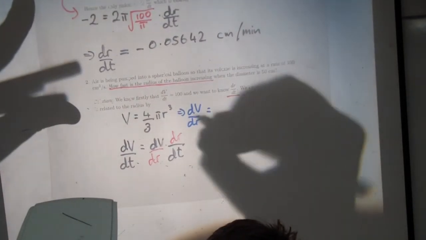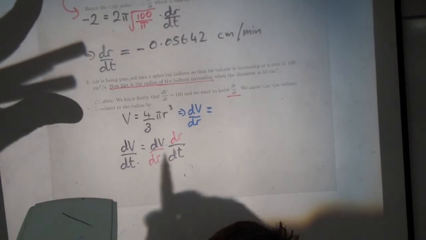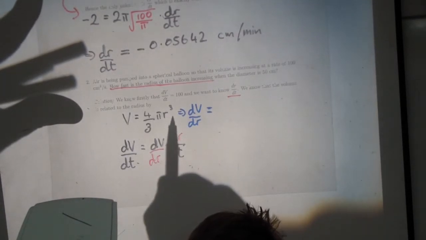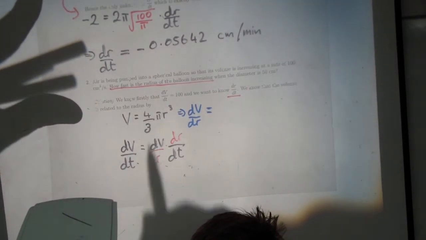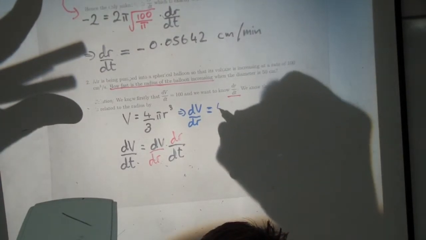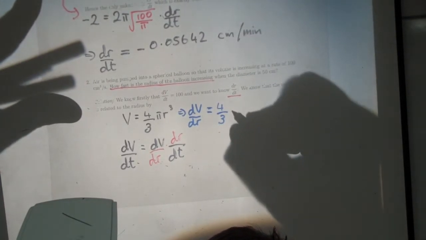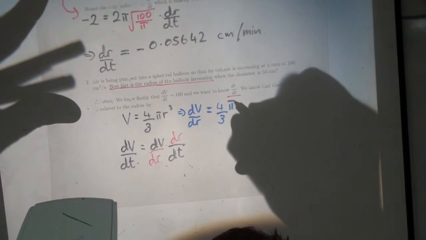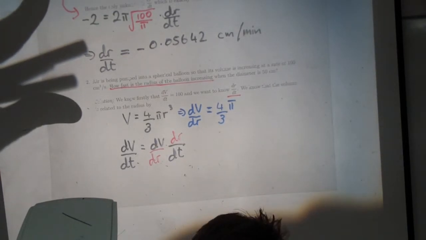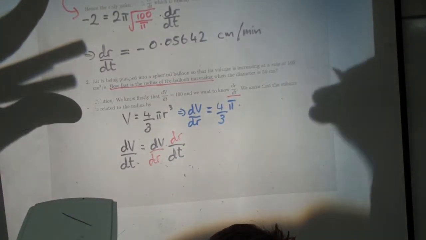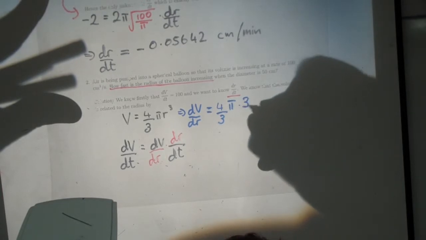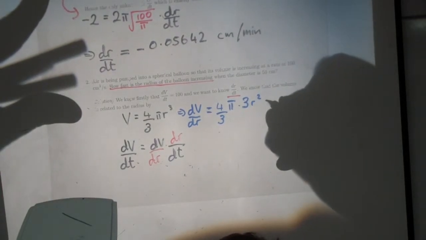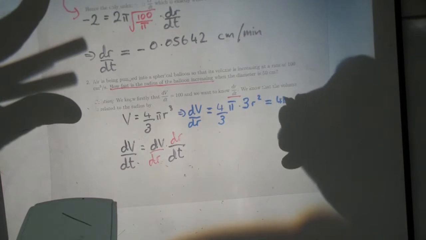If you have a constant times a function, fix the constant. What's the constant here? 4/3 pi. And then differentiate. What's the derivative of r cubed? 3r squared. And I get 4 pi r squared.